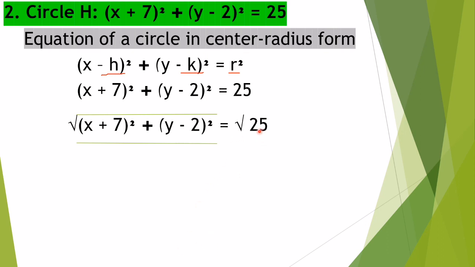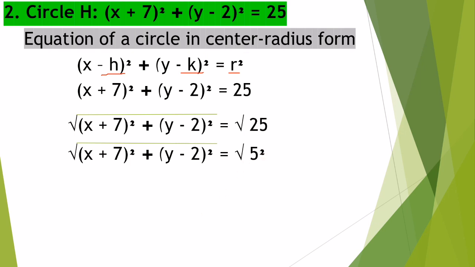Since square root of 25 or the base 25 is a perfect square, susulat natin siya in exponential form. Kaya meron tayong square root of x plus 7 squared plus y minus 2 squared is equal to square root of 5 squared.